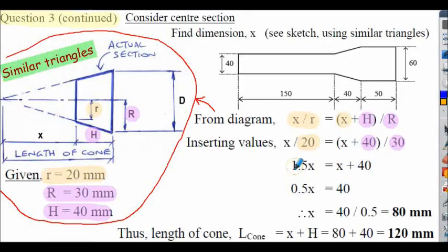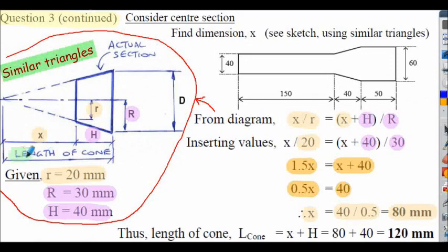So 30 divided by 20 is 1.5 on the left hand side, and I essentially remove the bracket on the right hand side. Next line I add x to both sides of the equation, and finally I divide by 0.5 to calculate the value of x, which is 80 millimeters, that's this dimension here.